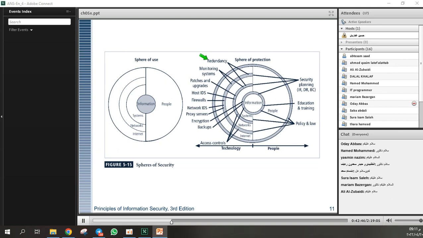We have different layers, and in each of those layers we are using different safeguard technologies, different access control technologies. This is a good example of defense in depth.